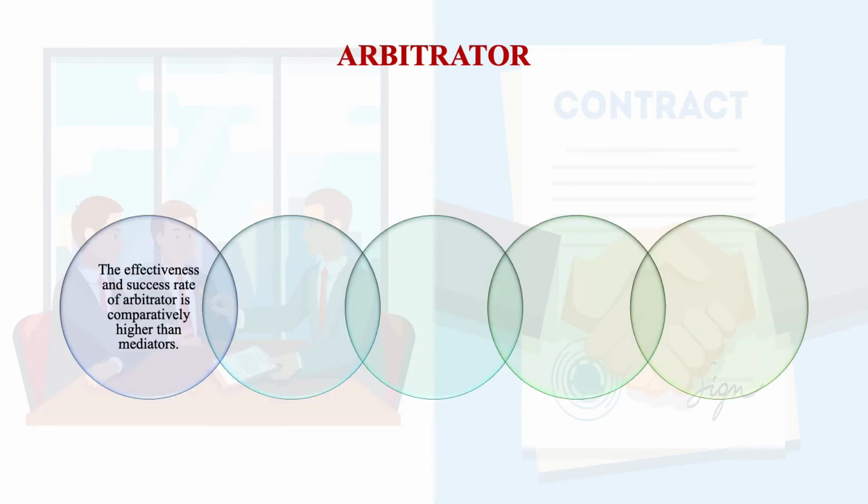Now the effectiveness and success rate of an arbitrator is comparatively higher than mediators. Arbitration always results in settlement. On the other hand, its success may rest heavily on any of the disputed parties.